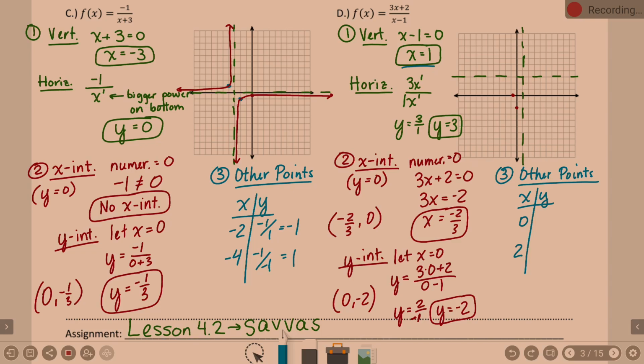We already know 0 and -2, which is the section I'm confident in. The section I really want to check is 2. Where should 2 point me? 2 should put me upper right, yes? Check it. If I plug 2 in, 3 times 2 is 6, plus 2 is 8, over 2 minus 1 is 1. 8 over 1 is 8.